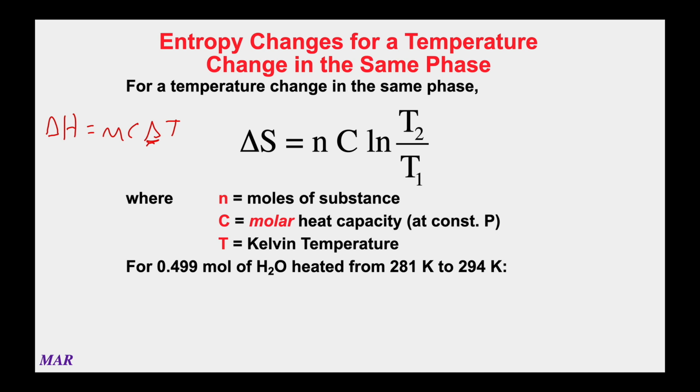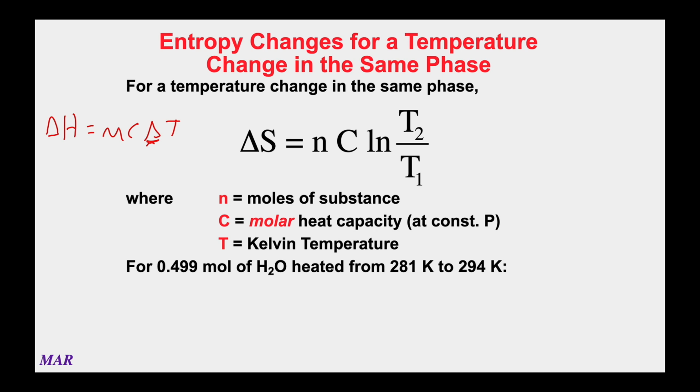Either way is fine. Let's say you had 0.499 moles of water and you heated it from 281 to 294 Kelvin, and you wanted to find the entropy change for it. Well, 0.499 is the moles. T2 would be 294, the final temperature. T1 would be 281, and we do need the molar heat capacity.